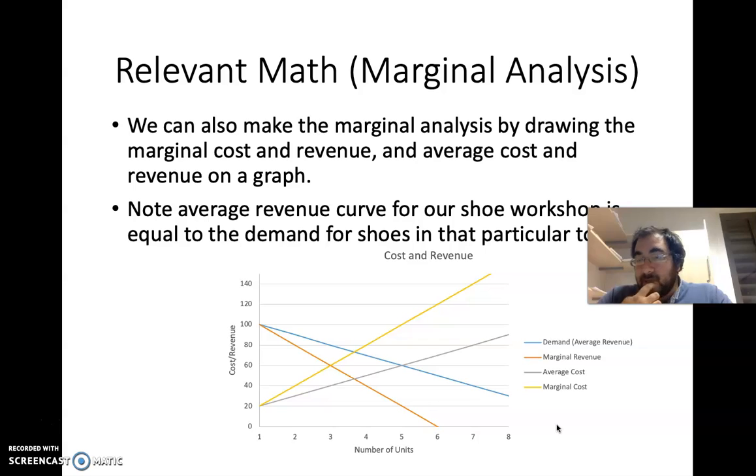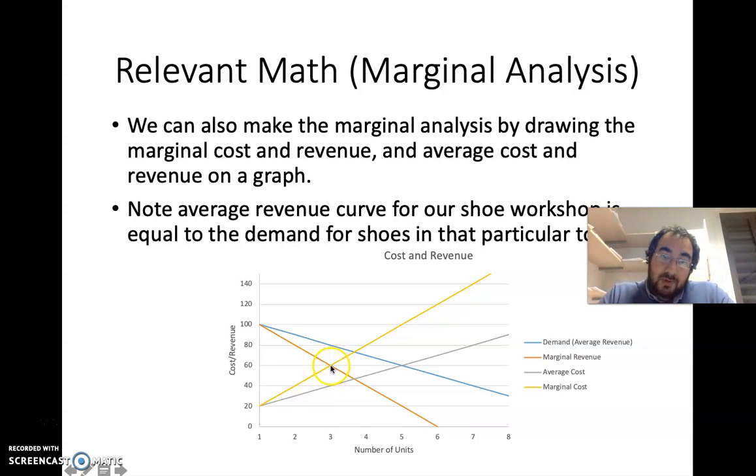You might look to the marginal revenue curve, or you might look to the average revenue curve. But you might look to the marginal revenue curve by assuming that if you hire this additional worker, this additional worker will produce one more shoe, and producing this one more shoe will bring me $60 additional revenue.